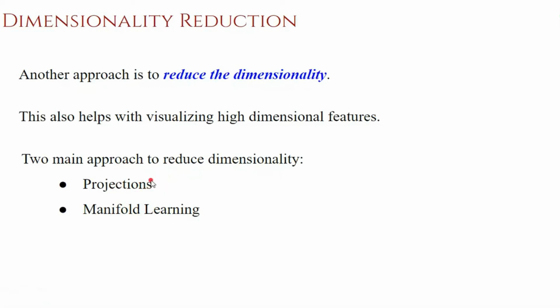The projection approach is useful in two aspects. It helps to reduce the complexity of the problem, and it also helps in visualization. But manifold learning, for example t-SNE, is predominantly used only for visualization. It is not used for the purpose of reducing the complexity of the problem. So t-SNE has a purely visualization objective, but the projection-based PCA has multiple objectives.